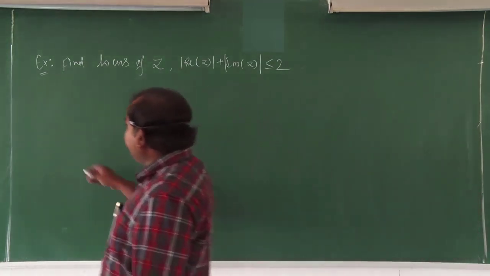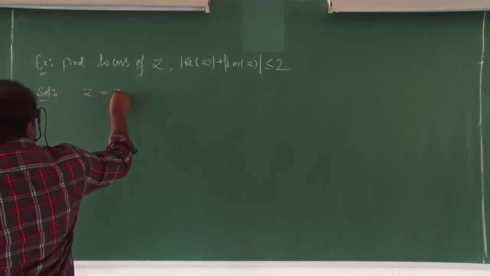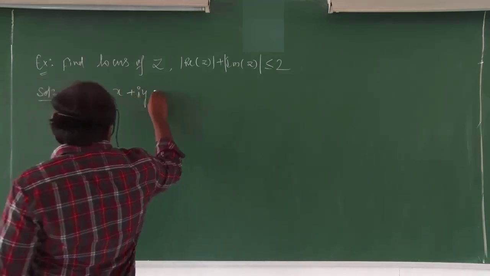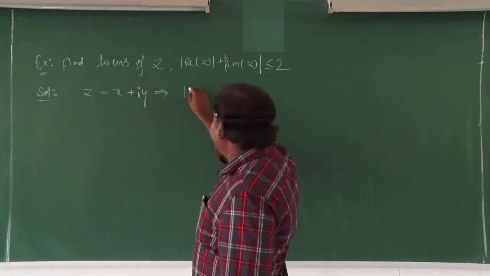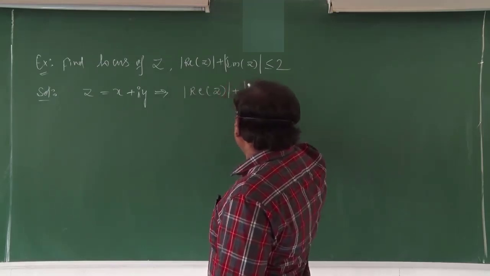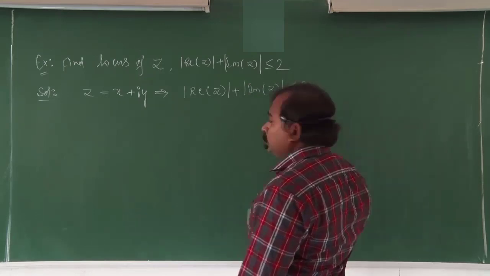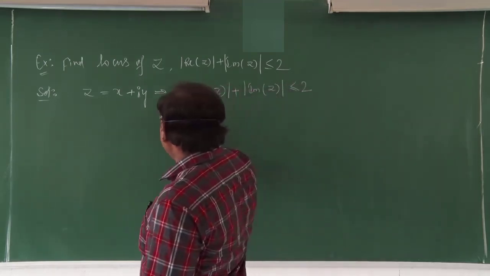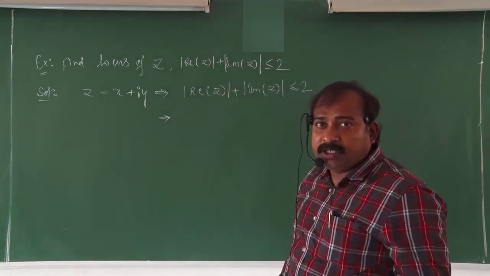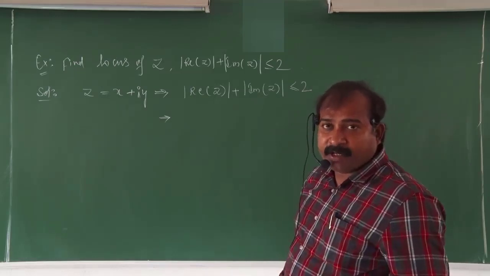Listen here, even for this one. Simple logic: if you take z equals x plus iota y, then what have they given? Modulus of the real part of z plus modulus of the imaginary part of z is less than or equal to 2. What is the real part of z? If z is equal to x plus iy, the real part is x only.